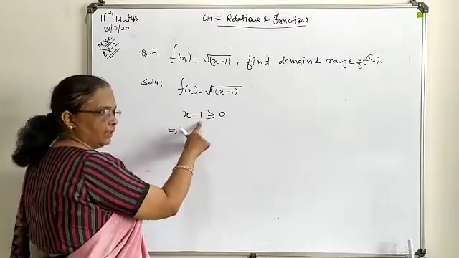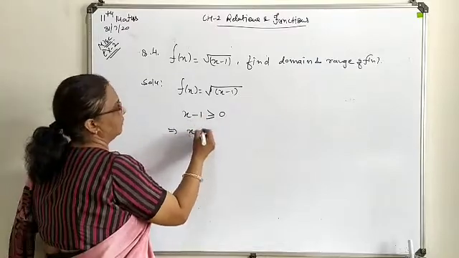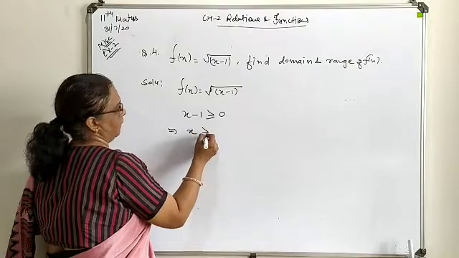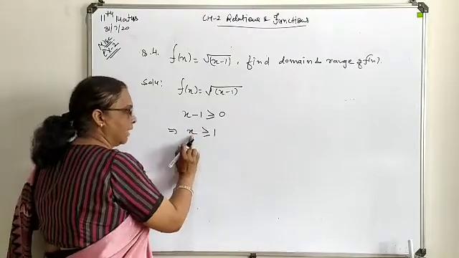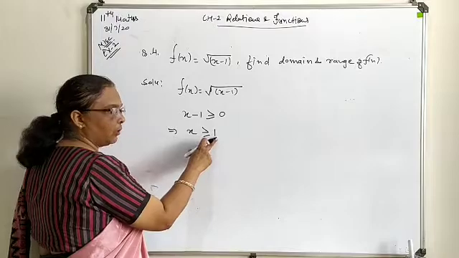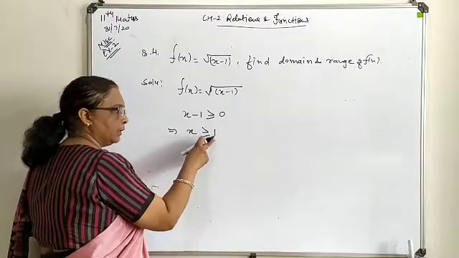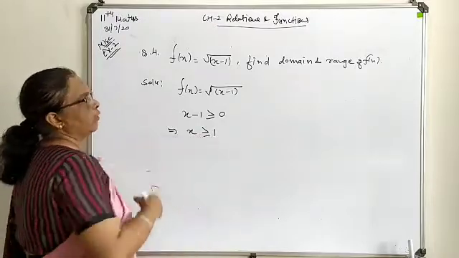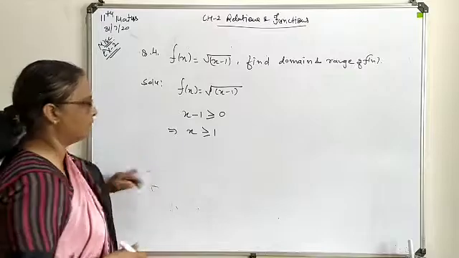On both sides make addition by 1. So this gives x should be either equal to 1 or greater than 1. So it can be expressed in interval form.